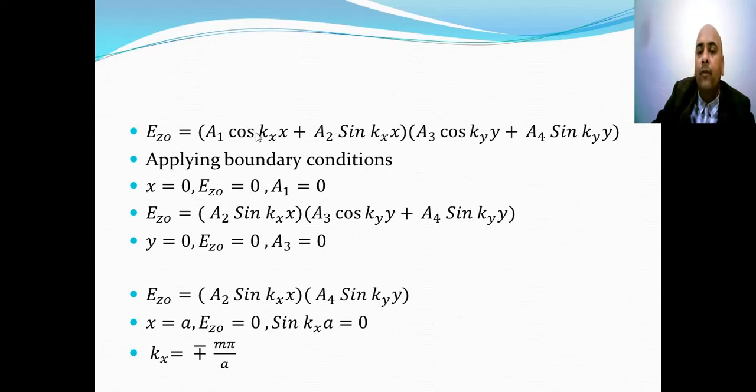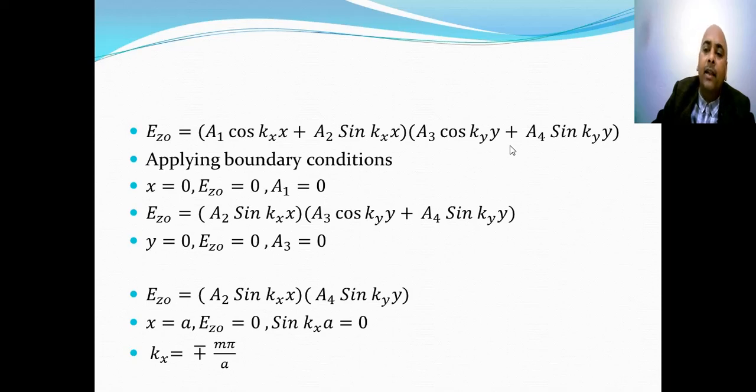Now from here we have to calculate the values of the constants a1, a2, a3, a4. We will find their solution by using the boundary conditions, because at the boundary of a conductor the electrical field is always 0.